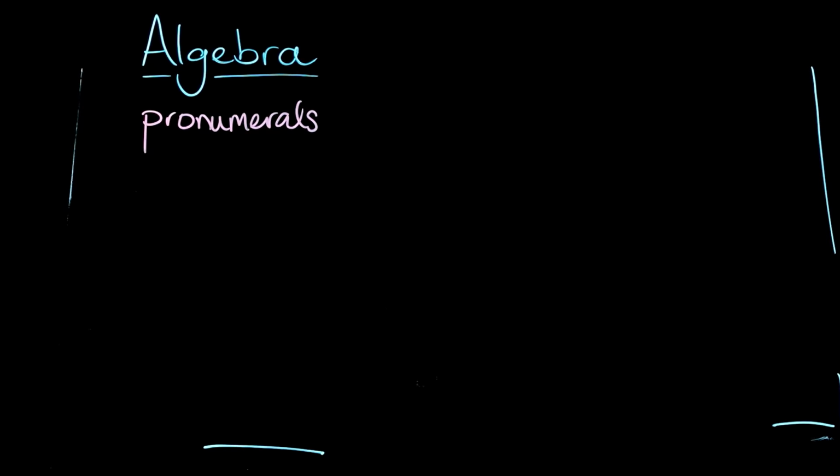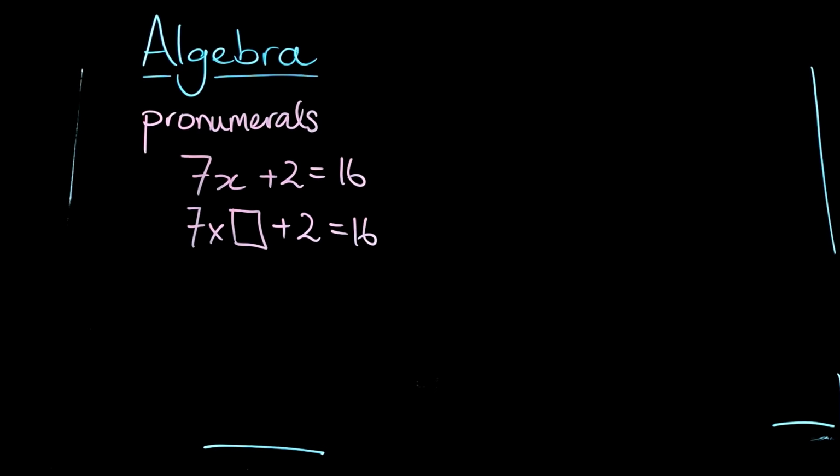And we are seeing, for example, something like this, 7x plus 2, and that's equal to 16, for example. Okay, so in your primary school, you might have done something like this, where you've just had the box, and you've been asked to figure out, well, what is the number in here that needs to be multiplied by 7 to make all this true?